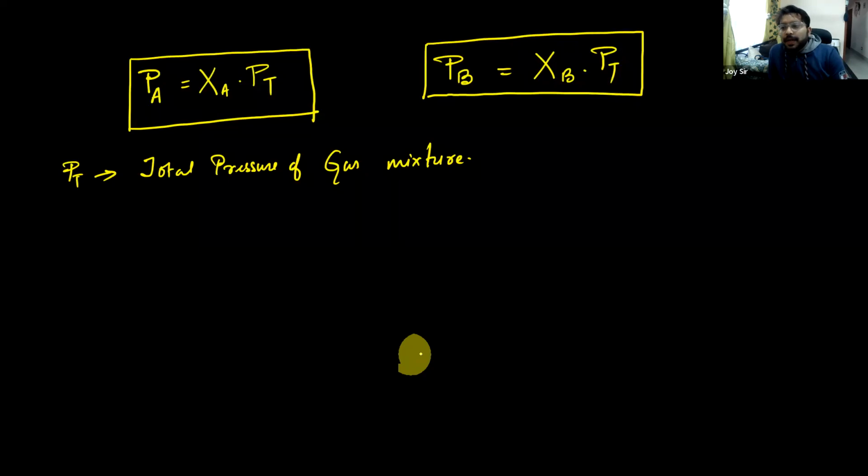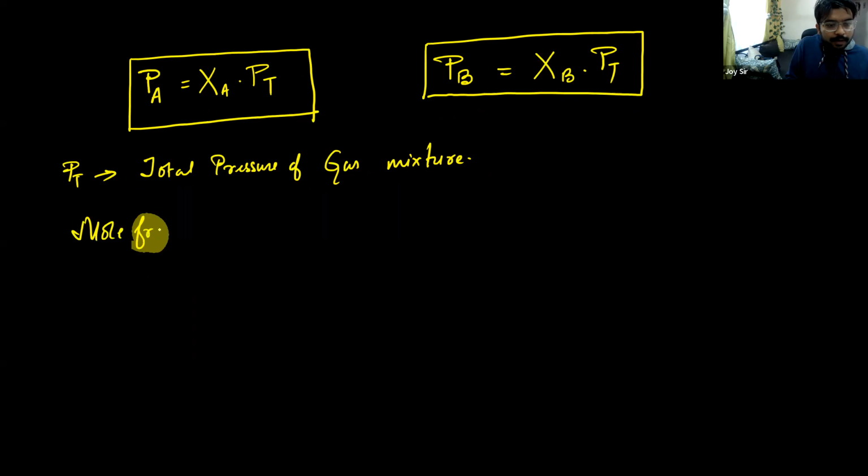So PA की है partial pressure of gas A, PB की है partial pressure of gas B, and PT, what is PT? It is the total pressure of the gases. Is it okay? So ultimately PA is equal to XA dot PT, PB is equal to XB dot PT. এতিয়া যদি তোমালোকে mole fraction কি হয় এটো নাজানা, let me tell you.